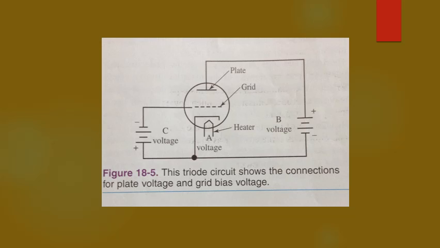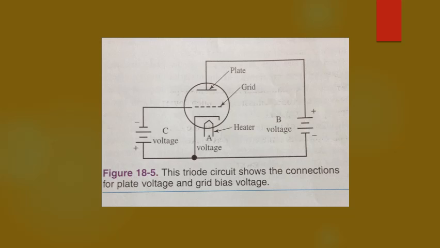This wire mesh is the grid. The grid in the triode most often has a cylindrical shape, and it surrounds the cathode. The space between the grid wires allows electrons room to pass through to the plate. The grid controls electron flow and is commonly called the control grid.